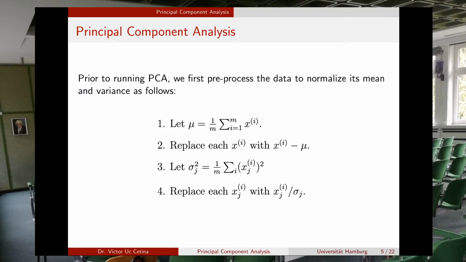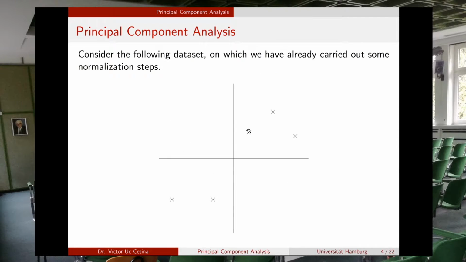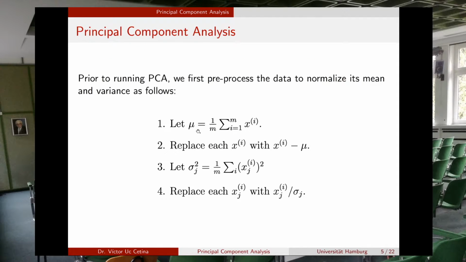We need first to compute the mean vector of the points. So we are considering here that we have m points in our dataset, and then we simply sum all of these m vectors. Like in the previous example, we have vectors in dimension 2. M in this case is 5. We have 5 points, and the dimension is 2. So this vector will be a vector in dimension 2, and will be the mean vector of our dataset.